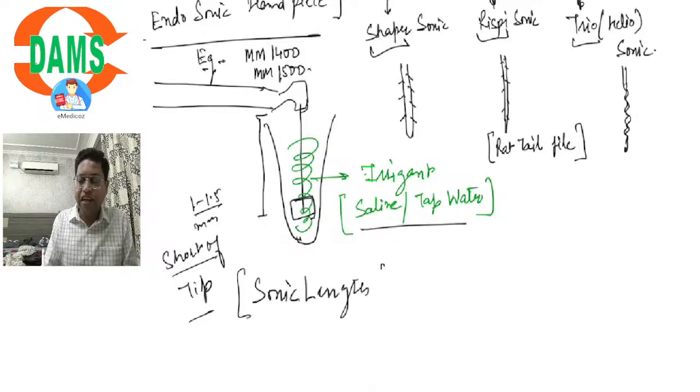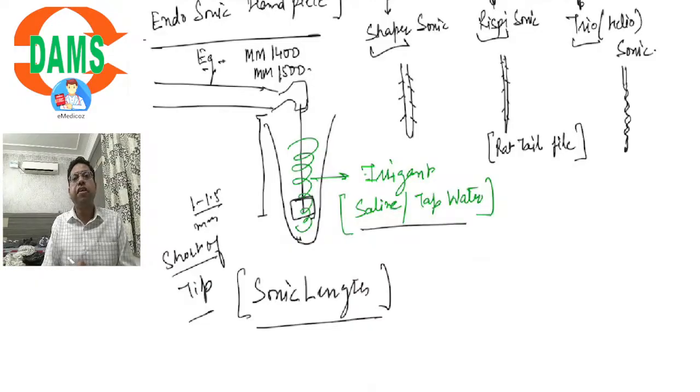So if the length of the file is, suppose, 10 millimeters, what would be the approximate sonic length? 1 to 1.5 millimeters short, that is 8.5 to 9 millimeters would be the sonic length. The length of vibration of the instrument is less than the length of the instrument, and this is called sonic length.